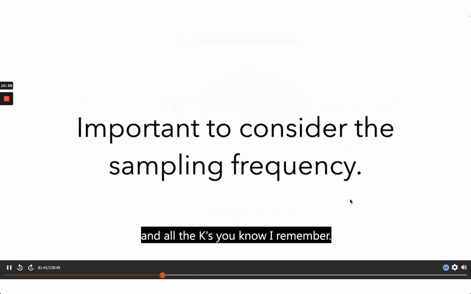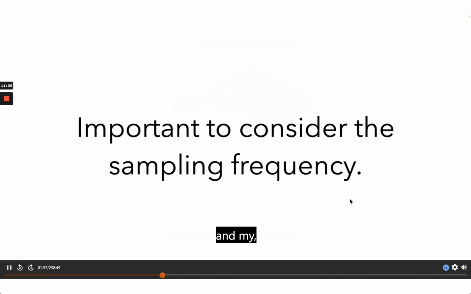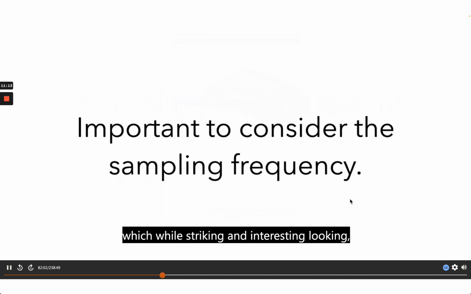I remember when the iPod was the dominant music device, back before it all just became a feature of our phones. Somebody came out with a new iPod competitor, and my only real memory of it is that it was shaped like a Toblerone bar, which, while striking and interesting looking, I thought, boy, that's not going to be the kind of thing you're just going to slide into a pocket, is it? It's kind of unwieldy and gangly, but okay, some marketing person thought it was a good idea.